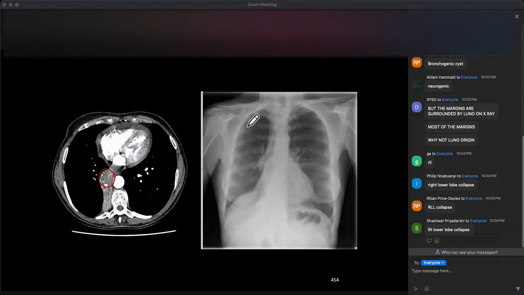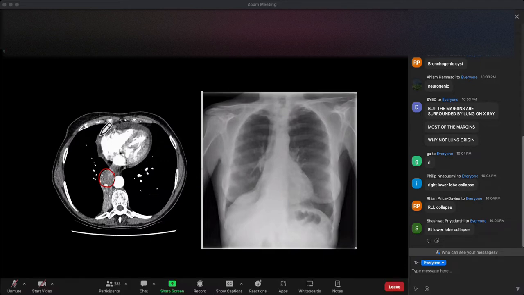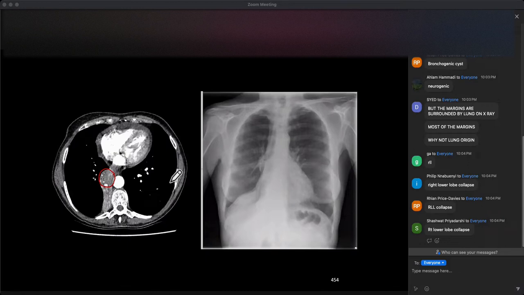We've got hyperexpansion of the remaining right upper and middle lobe, and the CT also shows a pericardial effusion, which in the presence of a malignancy may well be due to a malignant pericardial effusion. So you can tell all of this just simply by analysing the film and working things out logistically.